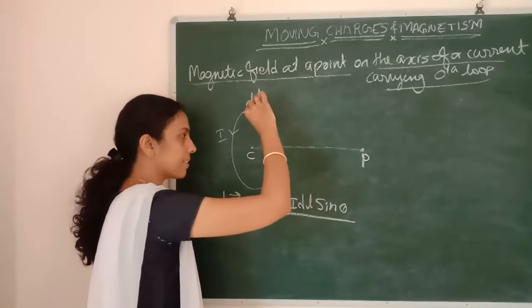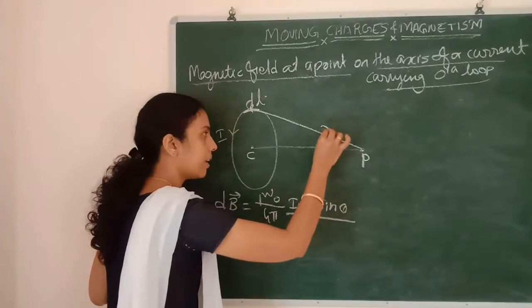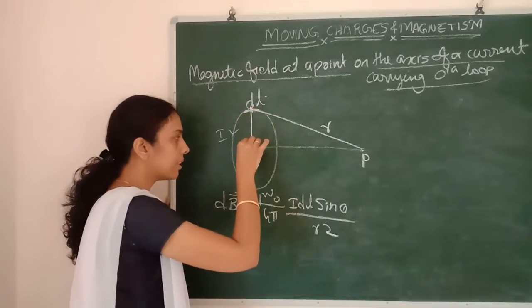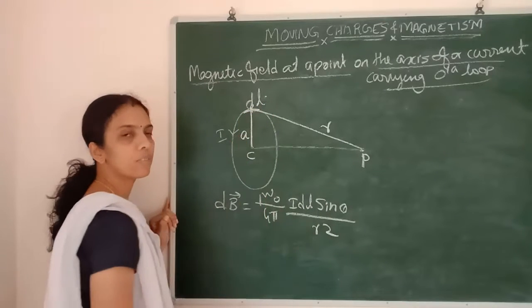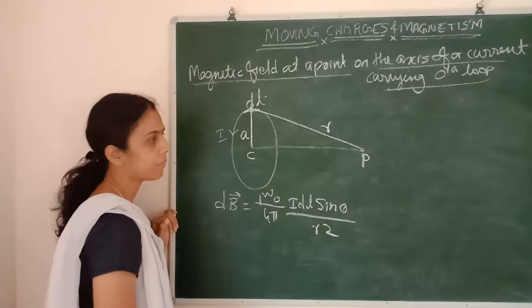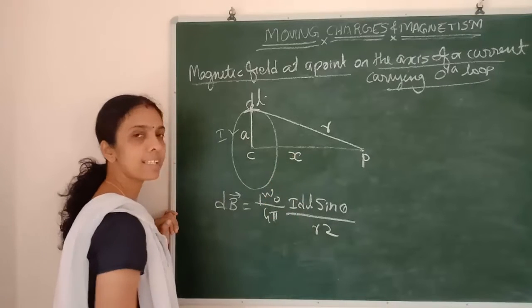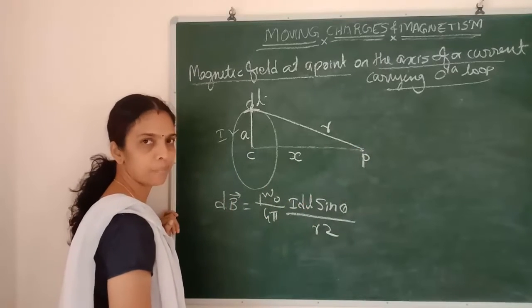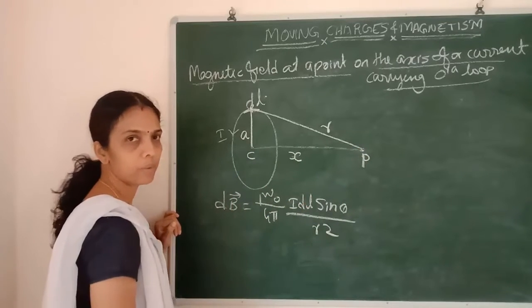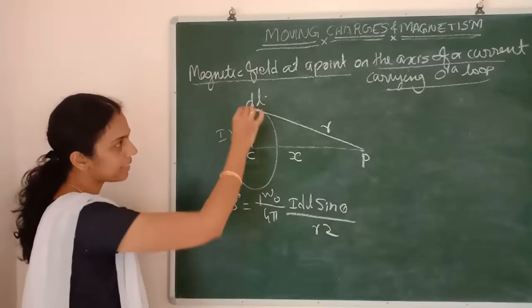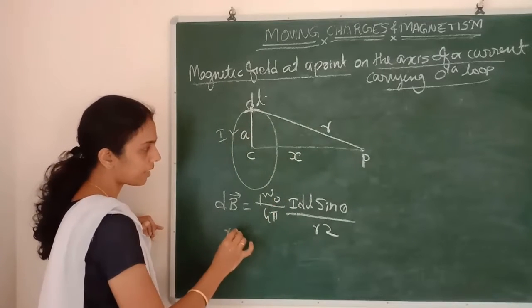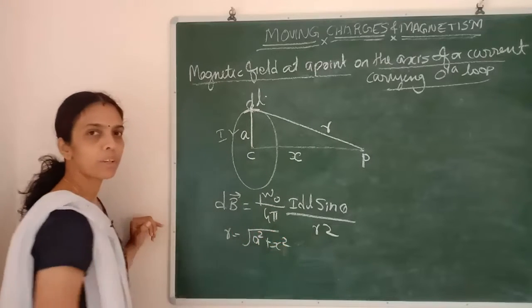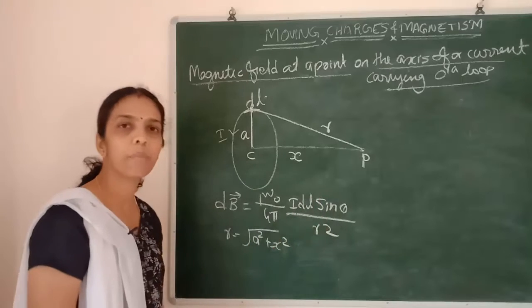So this distance is r. The radius of the circular loop I am considering as a, and the distance from the center of the circular loop to the point is x. This triangle is a right angle triangle, so r equals root of a square plus x square. dl sin theta divided by r square.